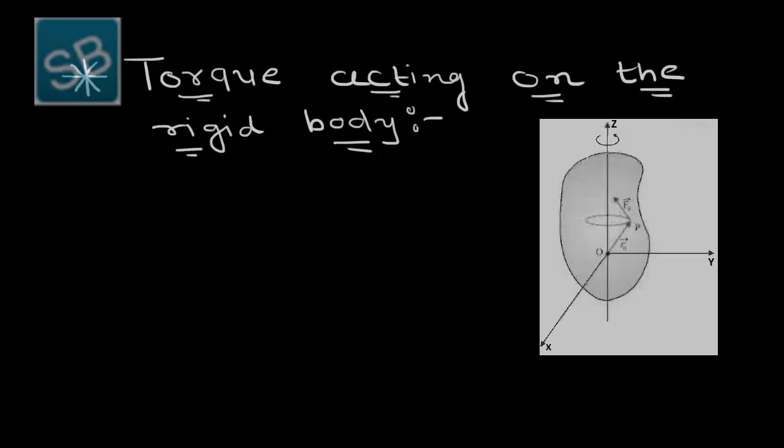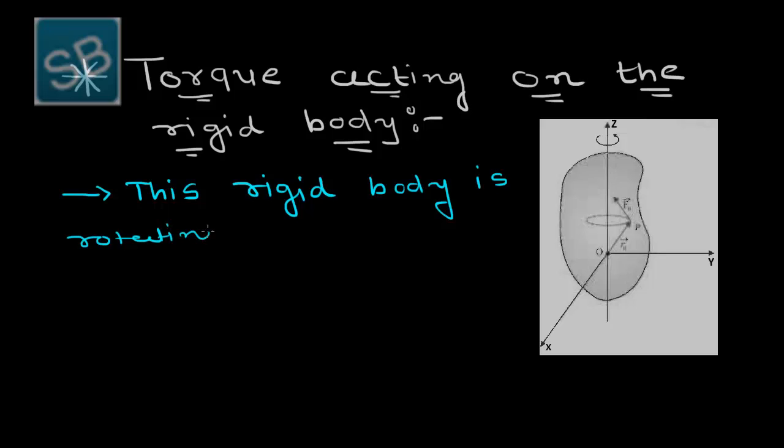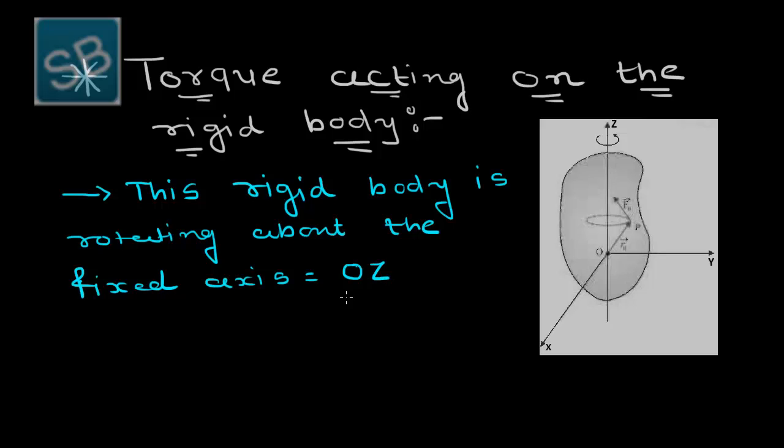Here you can see the figure of the rigid body in which the particle P is shown, and this rigid body is rotating about the fixed axis, that is OZ.